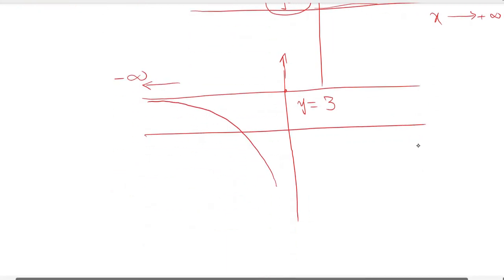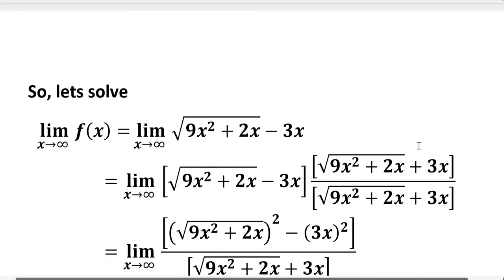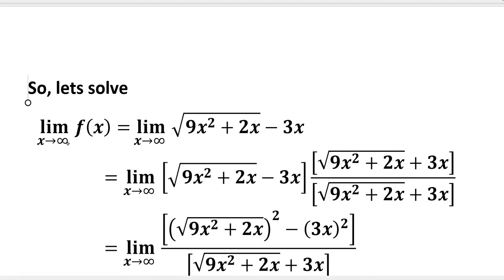Similarly, if you have a line y equals 3 and you take x to negative infinity and the limiting value of the function is 3, then we say that y equals 3 is the horizontal asymptote. So we have to just find the limiting value of f of x while x approaches positive infinity or negative infinity.